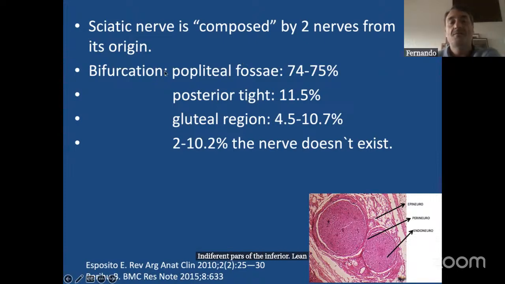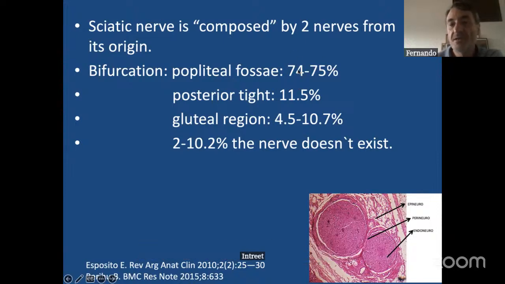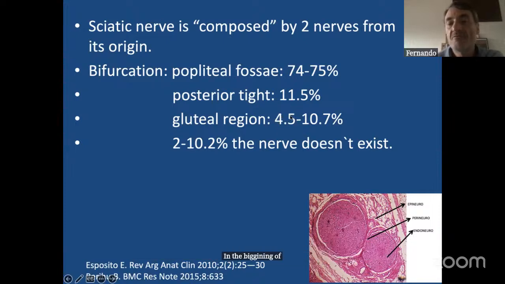The classical bifurcation of the nerve in the popliteal fossa we can see in 3 of 4 cases. We can see the bifurcation in the posterior thigh region in 11% of cases, and in the gluteal region, like the case I showed you in the beginning of the lecture, in 4 to 10% of cases, and in 2 to 10% of cases, the nerve doesn't exist.